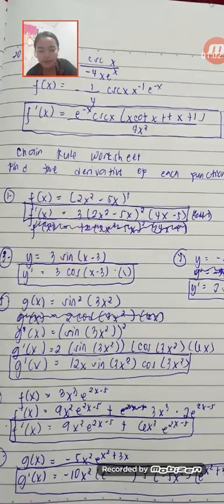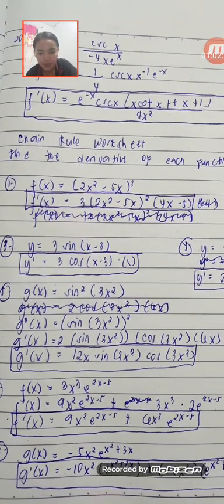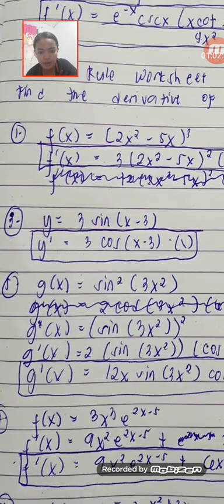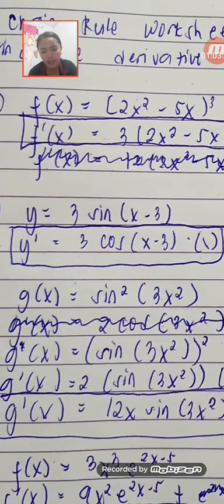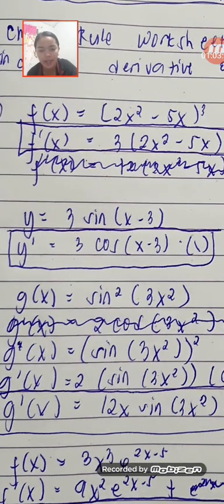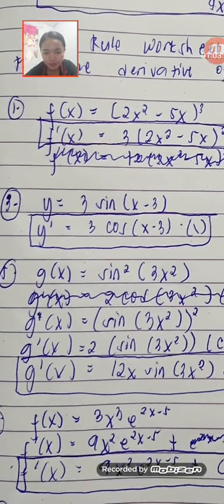For item number 5, we come up here with this one. Again, we just need to use the chain rule. This is quite confusing, that's why we need to rewrite it. In rewriting this one, we come up with the quantity sine 3x squared raised to the power of 2.